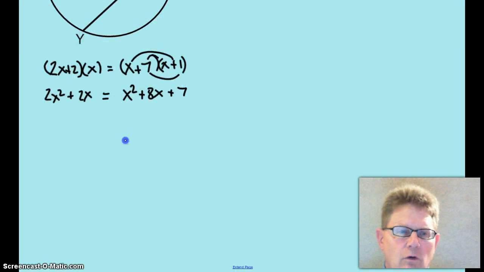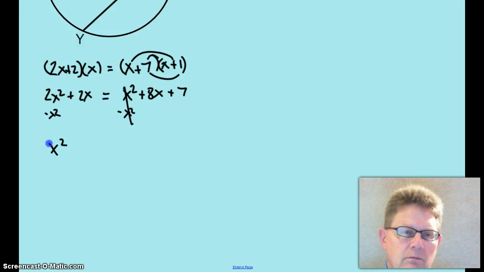Okay, get everything over on one side. I'll subtract an x squared. I'm going to subtract an 8x from both sides, minus 6x. And then I'm going to subtract a 7 from both sides.